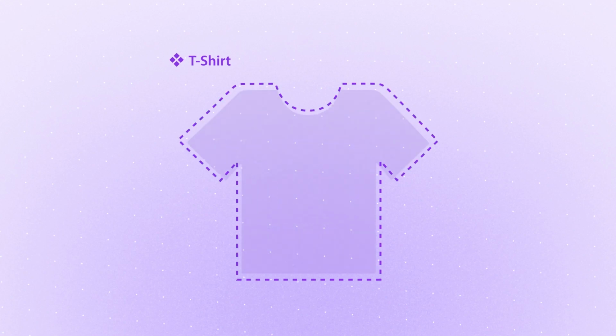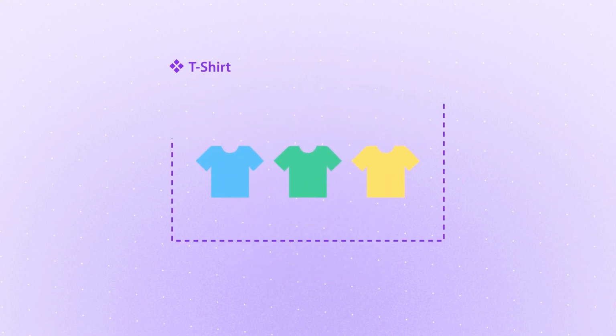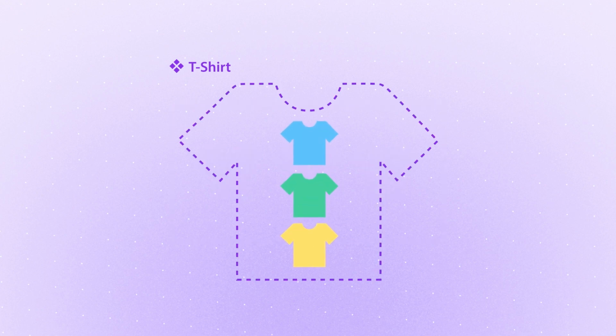So as a beginner, you might be wondering, what's the difference between a component and a variant, and when should I actually use it? You can look at it as the component being like a t-shirt shape, and all of its colors are its variants. So if you want to print a basic t-shirt in white, blue, green, yellow, all the colors are its variants, and the shape of the t-shirt is its component.